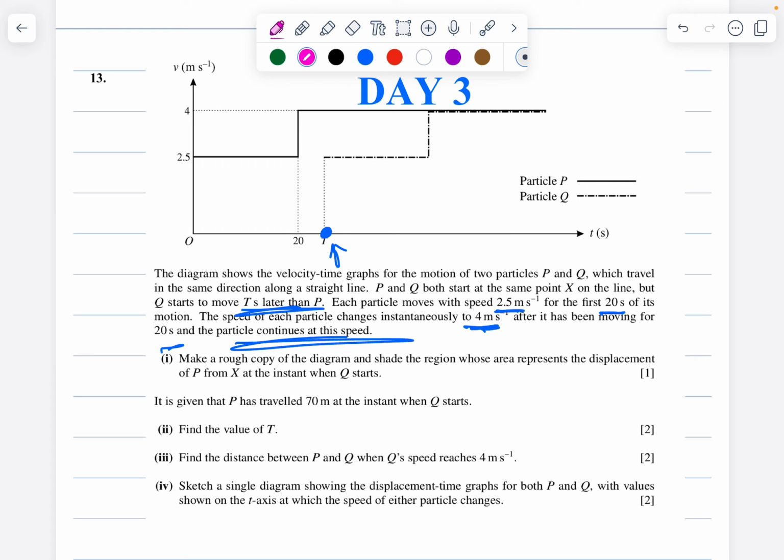It travels at 2.5 meters per second for 20 seconds. So this is one part, and after that it travels with 4 meters per second for the remaining time. So this is the total region which P has traveled before Q starts.